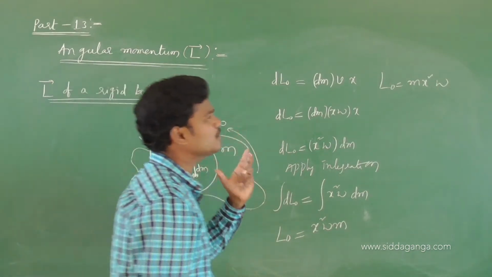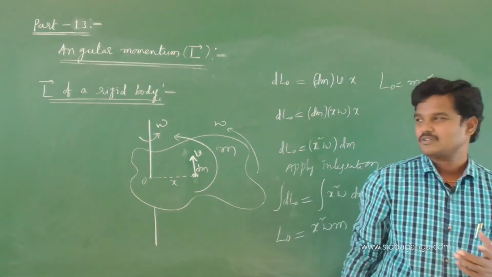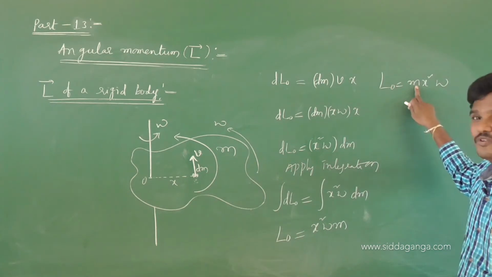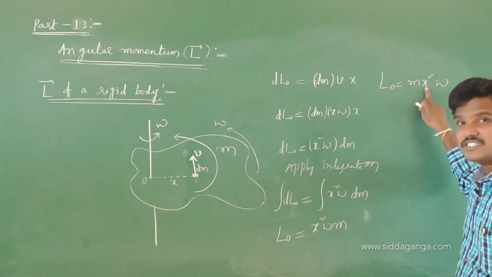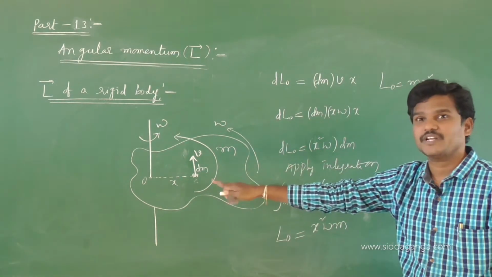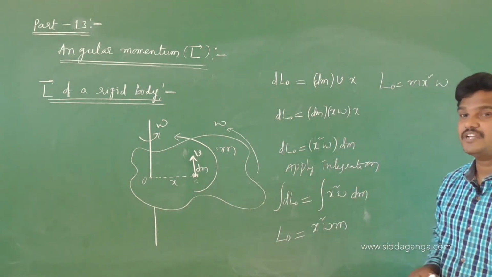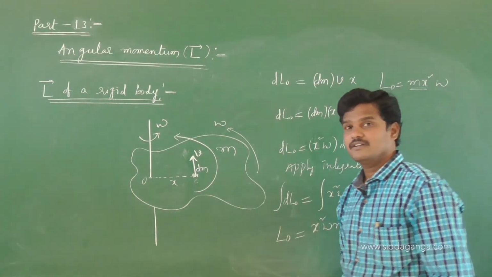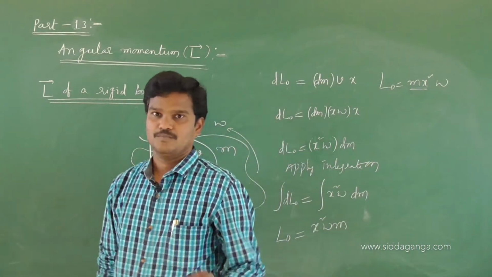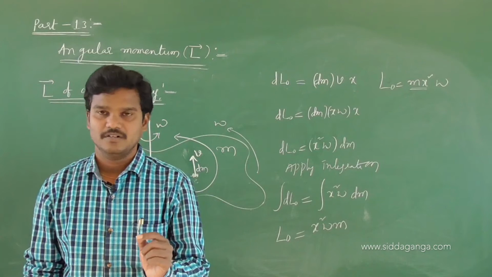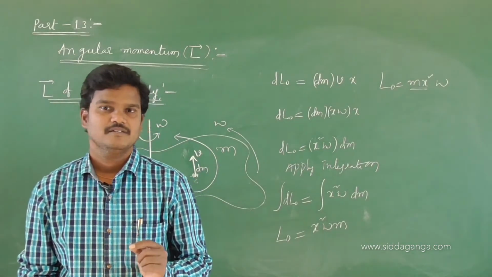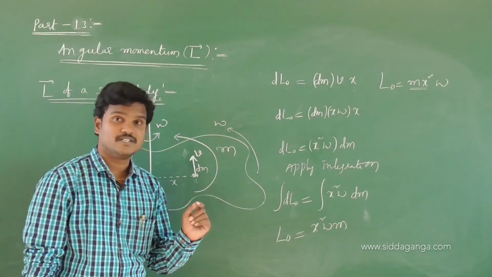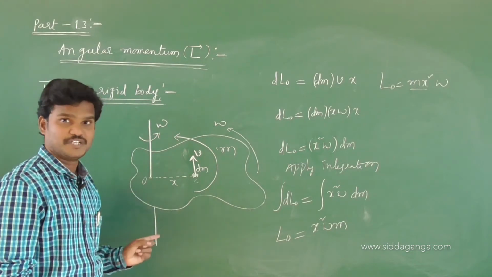And see, we are getting one product of mass of the rigid body and square of the distance from the axis of rotation. I am getting one new equation here. Observe this one. What is this mx square? Mx square is the product of mass of the rigid body and square of the distance from the axis of rotation.